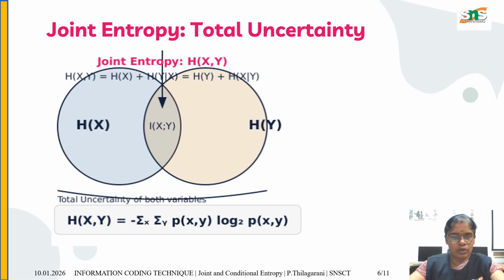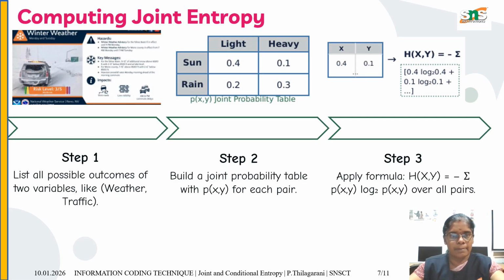P is used for probability. In log base 2, the 2 refers to binary numbers 0 and 1. This is the measuring unit. Here H of X is the first entropy and H of Y is the second entropy. Joint entropy is the information of X comma Y.